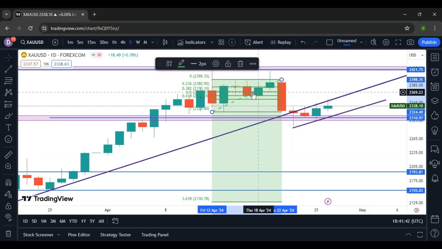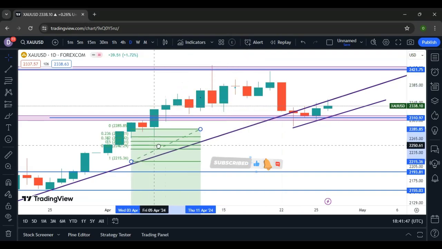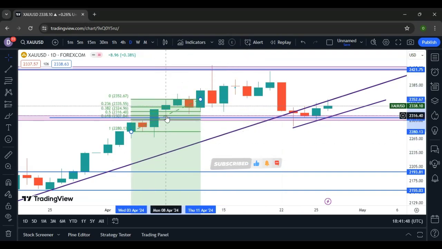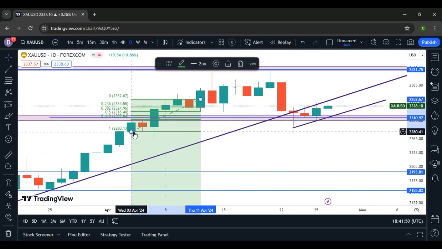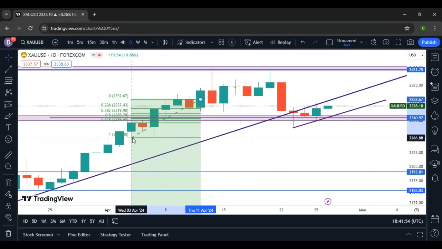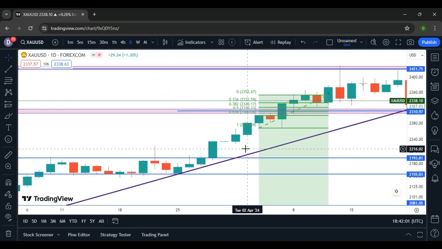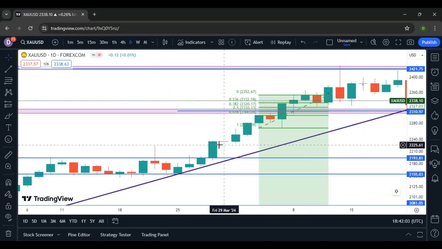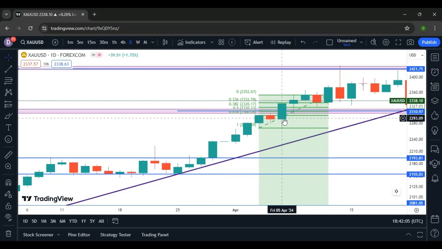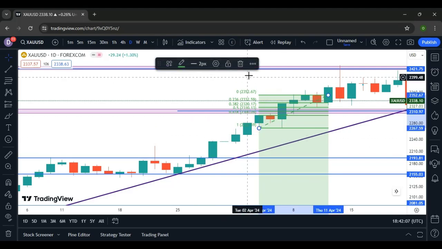Then if you also consider here too, this is a high, then this is a low. Now this is the pullback area. If you also go further to the downside, just try it on other pairs, you will understand better. I don't want this video to be too long.